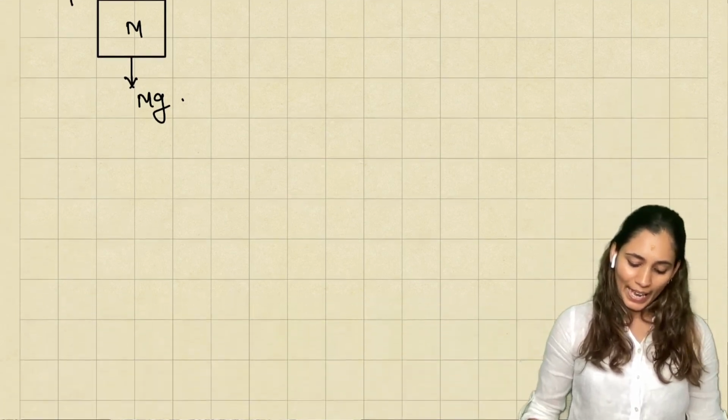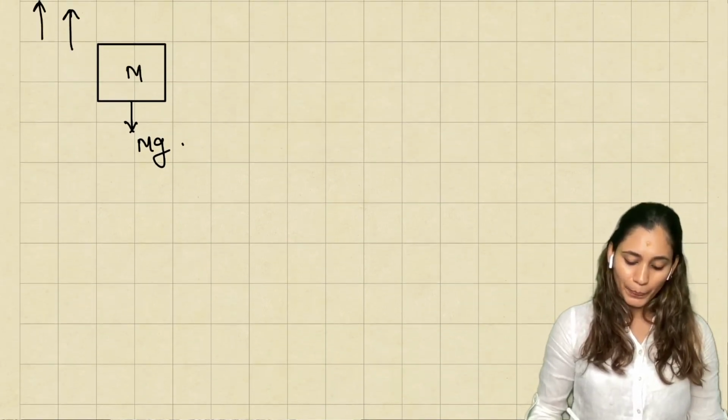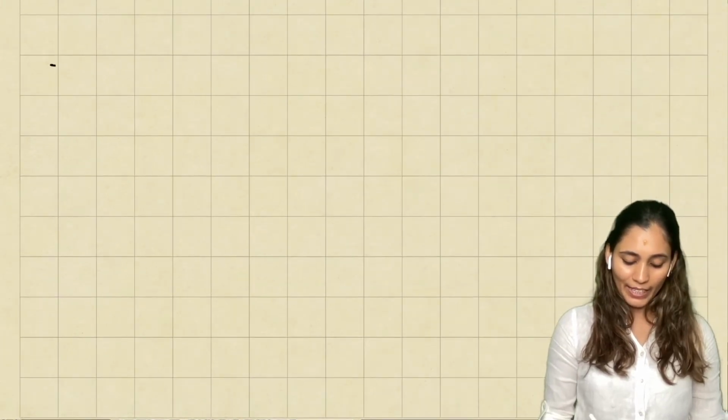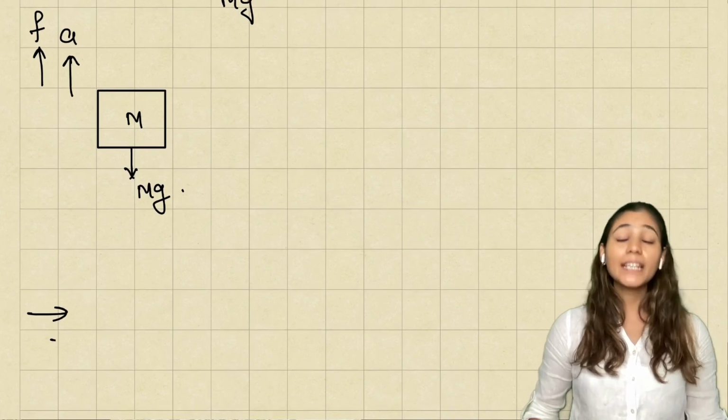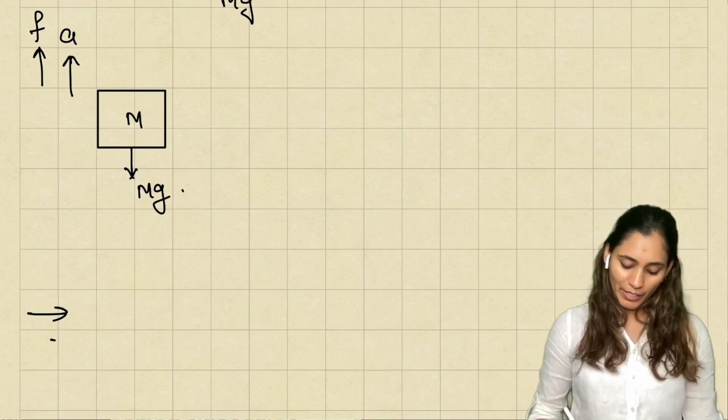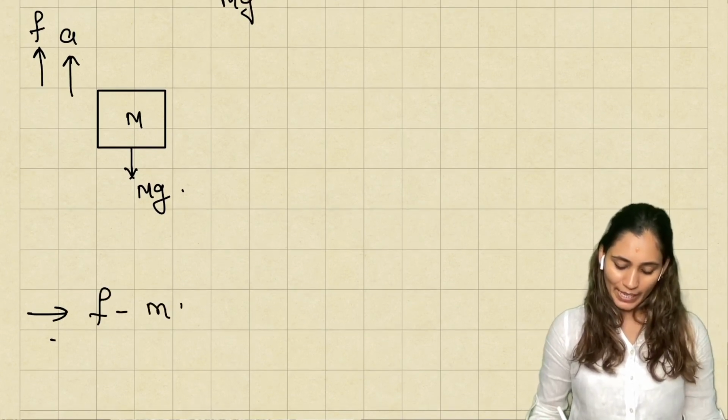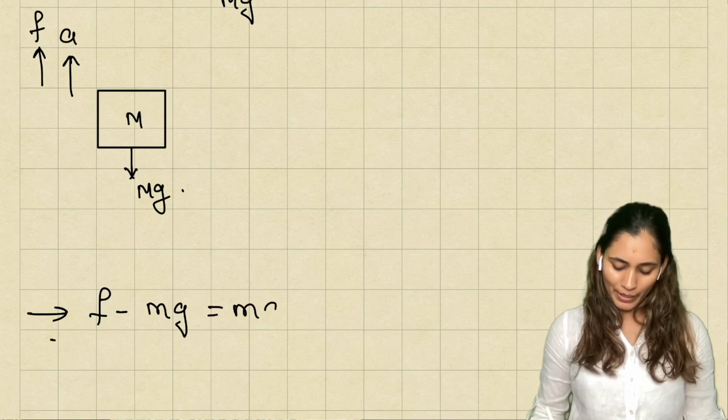So now can we write the expression? Looking at the FBD, the expression will be F minus mg is equal to ma.